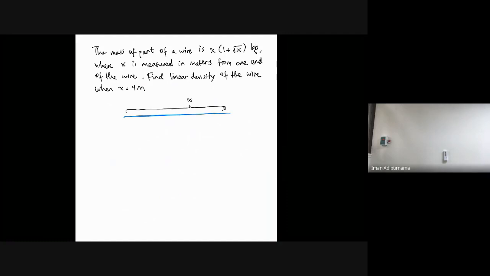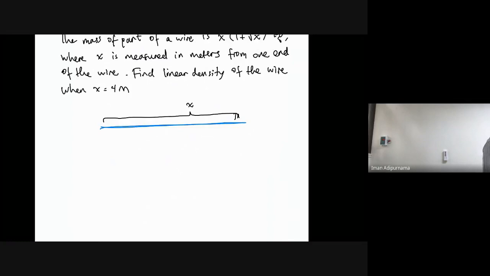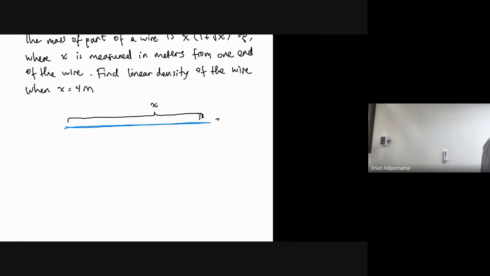This is a wire. A wire is just like a cable like this, right? It's really, really long in length, and the radius is really small, right? So you have an x, for example, for the length, and this is really small here.